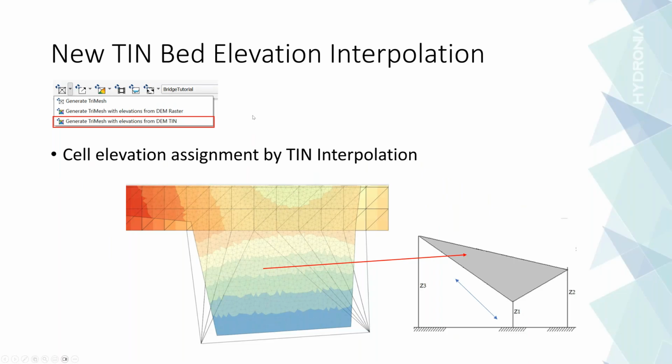And we have two options here: interpolation by inverse distance weighting, and also by linear interpolation. So this improves in some applications the interpolation that you get to the mesh of the model that you may have.